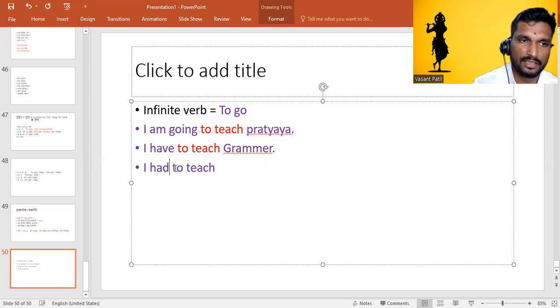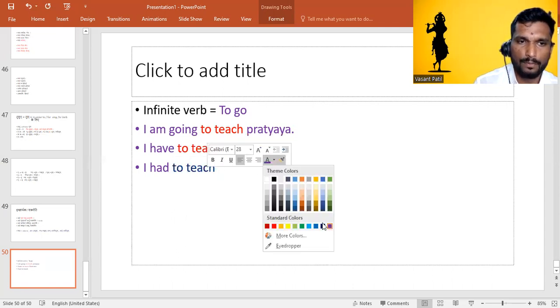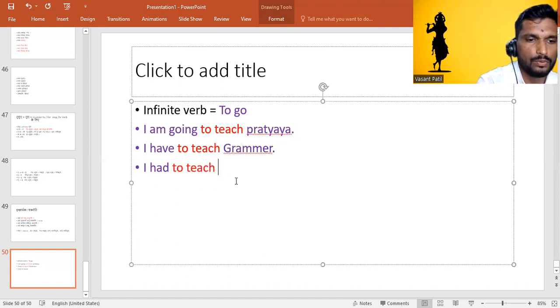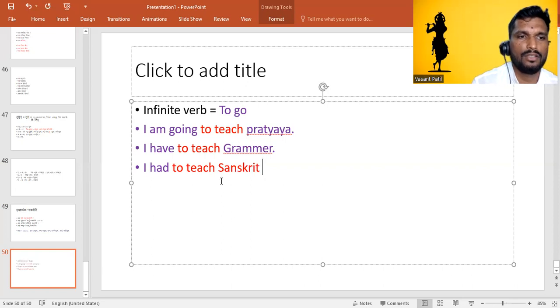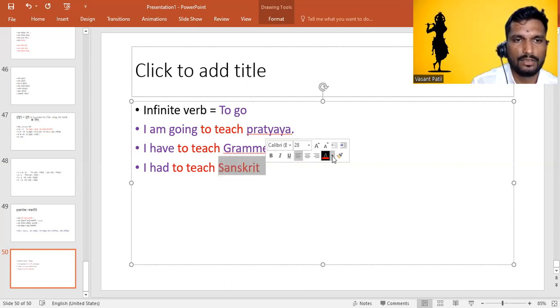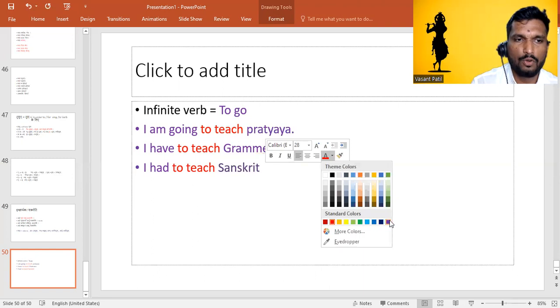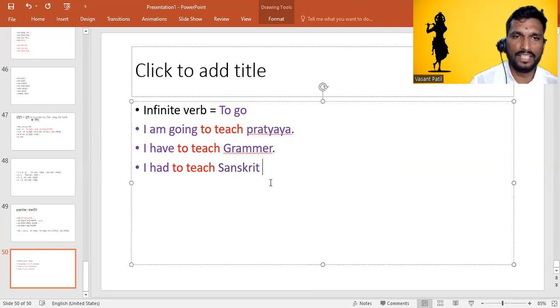I had to teach Sanskrit. So to teach doesn't change.